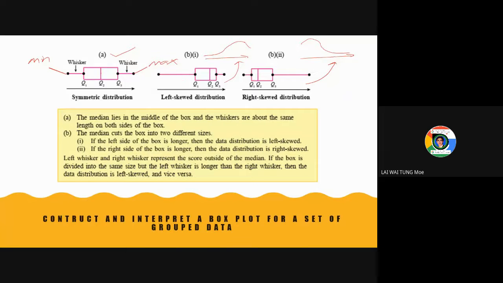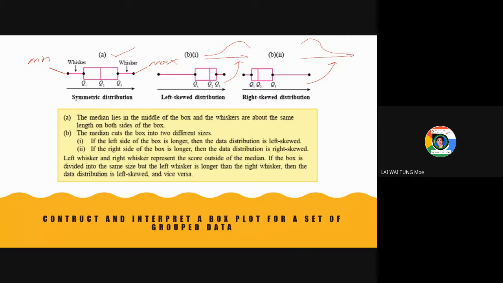If you look at the box plot, the median cuts the box into two different sizes. You notice that the median line Q2 is not at the center of the box. The left hand side of the box is longer compared to the right hand side.